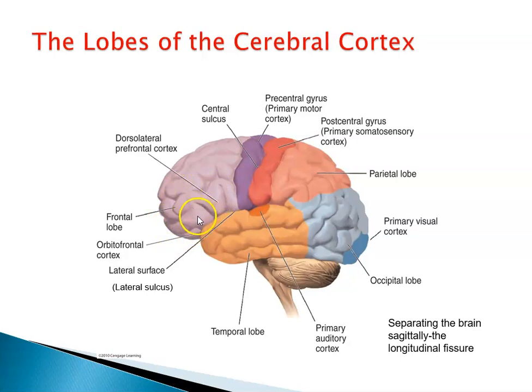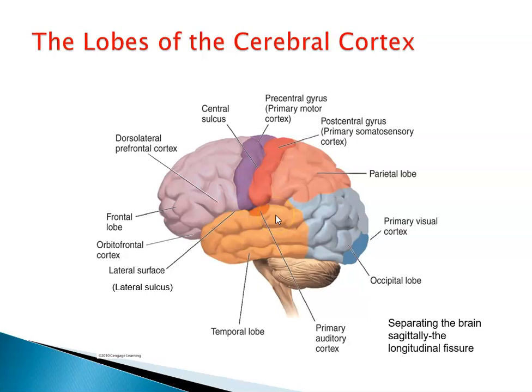Now, I wanted to let you know that what separates the frontal lobe from the temporal lobe is the lateral sulcus. Right here, the lateral sulcus. So we have the central sulcus, and then we have the lateral sulcus.